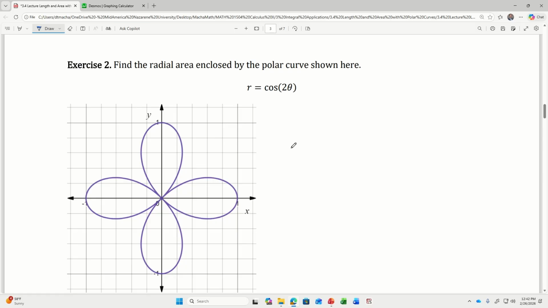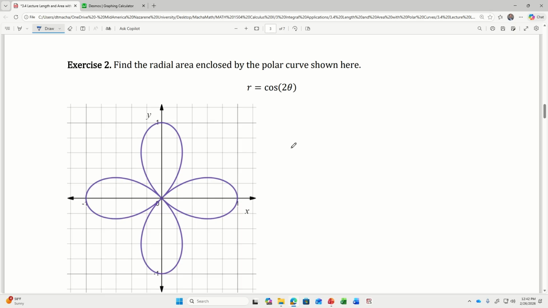I'm a little bit wary of starting this problem because I know that cosine has positive values, but cosine also has negative values on some intervals. And so if I integrate negative values, I don't want it to be subtracting from my area. But then you know what? The other thing I think is in the area formula for the polar curve, the integrand's squared anyways. Yeah, so I don't need to worry about that.